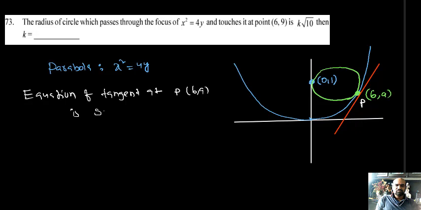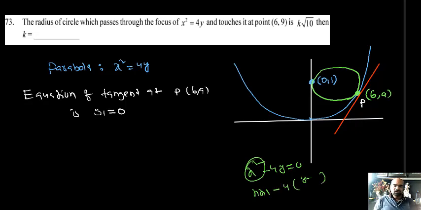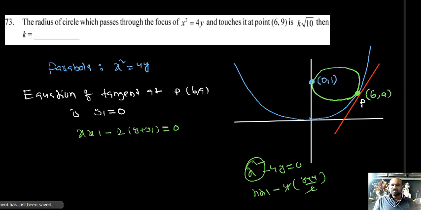Everyone should know how to find S1. For example, x square equal to 4y is given. Instead of x square, you should write x x1, minus 4 into, instead of y, you should write (y plus y1) by 2. So the 2 and 4 cancel. So what will you get? x x1 minus 2 times (y plus y1) equal to 0. This is the tangent equation at the point (x1, y1).